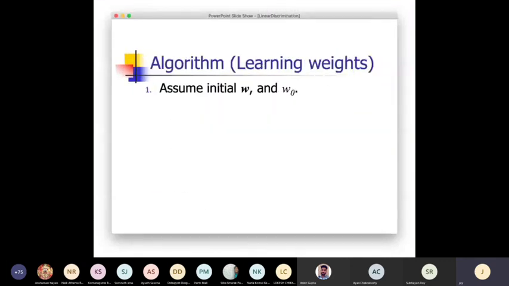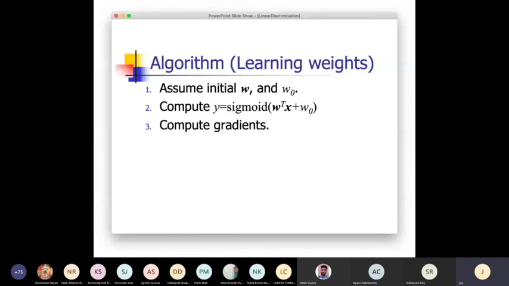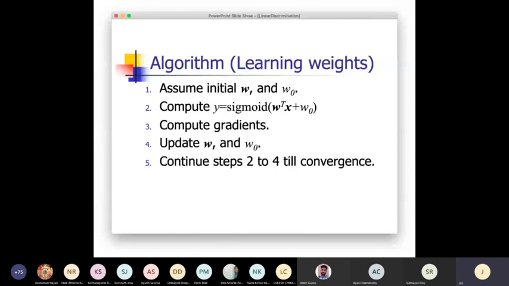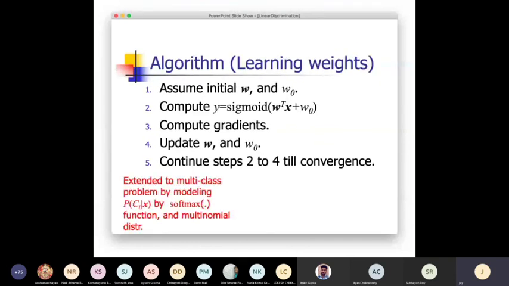So finally, the algorithm will look like this. You can assume some initial weights, then compute the corresponding posterior using those weights. I told you that the posterior computation is a sigmoid function of this value only. Then compute gradients, then update W and W naught, and you continue till you get convergence.